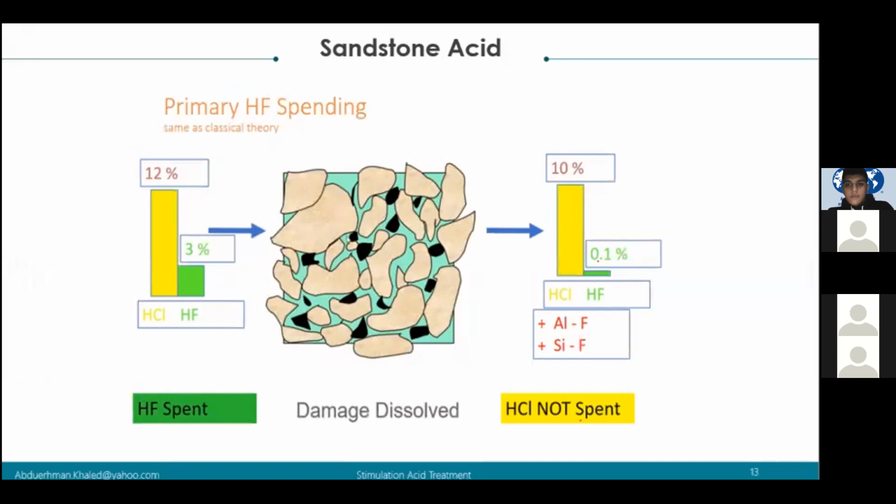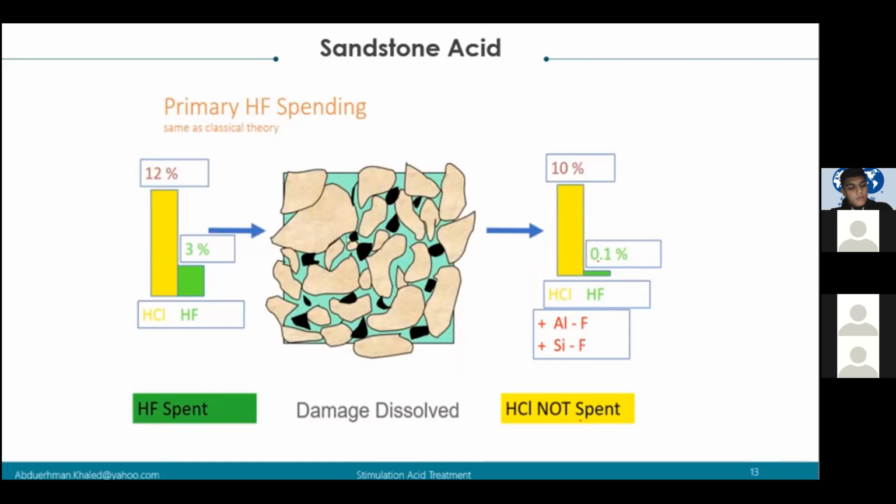This is a Schlumberger term. If you deal with Halliburton, for example, they say HF acid, which is exactly the same, just different names. And once we introduce the mud acid into the sandstone formation, the hydrochloric acid would be hardly spent, but all the HF acid would go away.